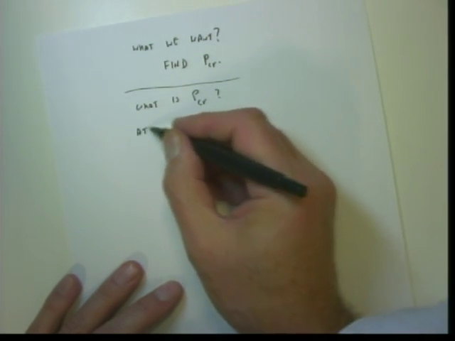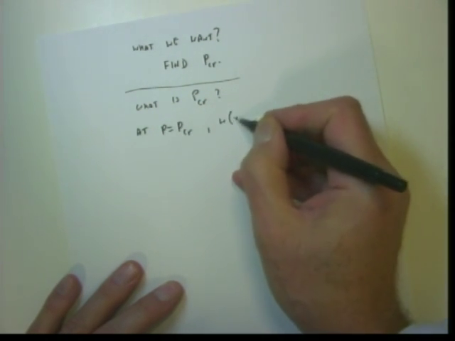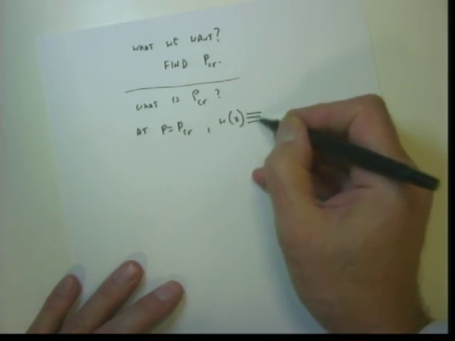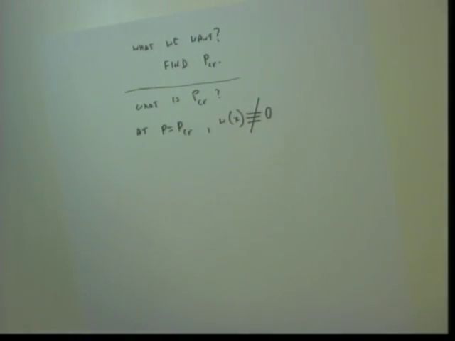Okay, at P equals P critical, W of X does not equal automatically 0. So that is what P critical means. That is what we just defined. We said W does not come back. W equals 0 at the endpoints, but it does not equal 0 everywhere. If it equals 0 everywhere, then it is in straight position. Okay?